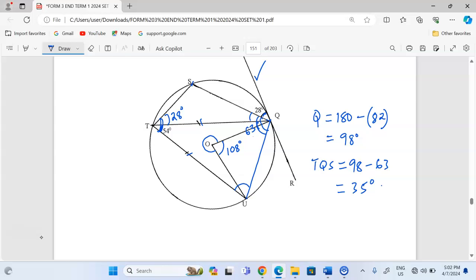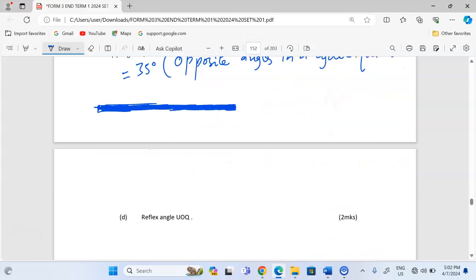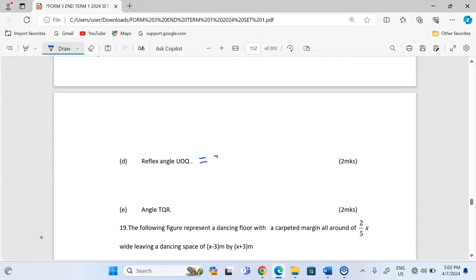We want the reflex one, which is greater than 180. So we take 360, subtract 108, and this gives 252 degrees. So the value of this angle is 252. The mathematical concept we have followed is angles at a point. The angles at a point must add up to 360.